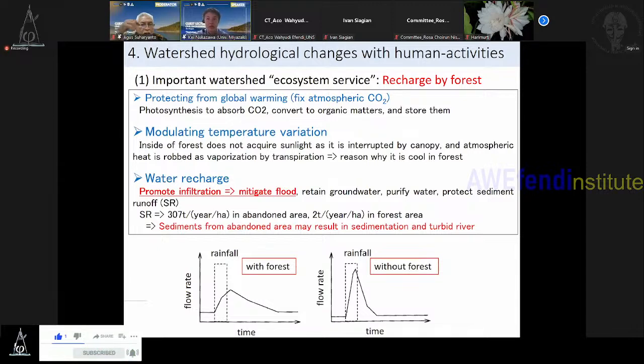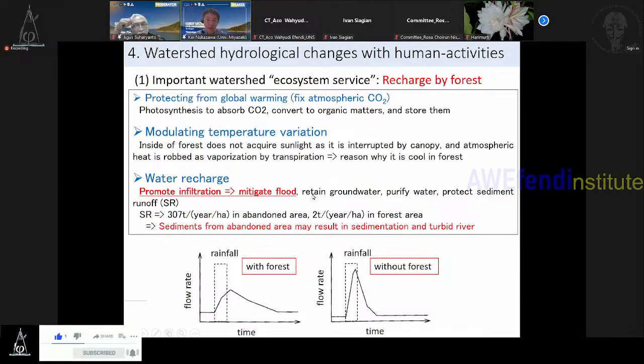So forest bottom sediment promotes infiltration compared with other land. So if rainfall infiltrates into groundwater, the amount of surface water decreases. So it contributes to mitigation of flood.